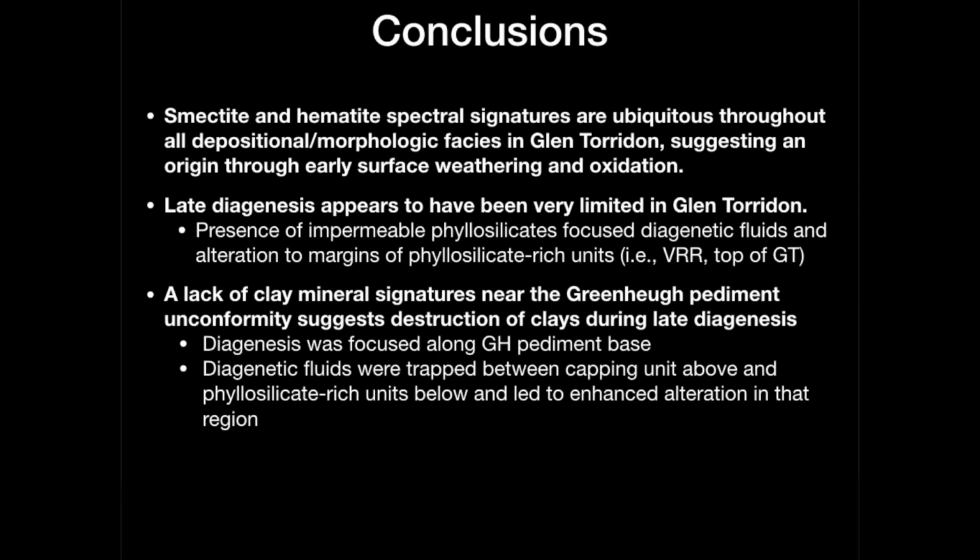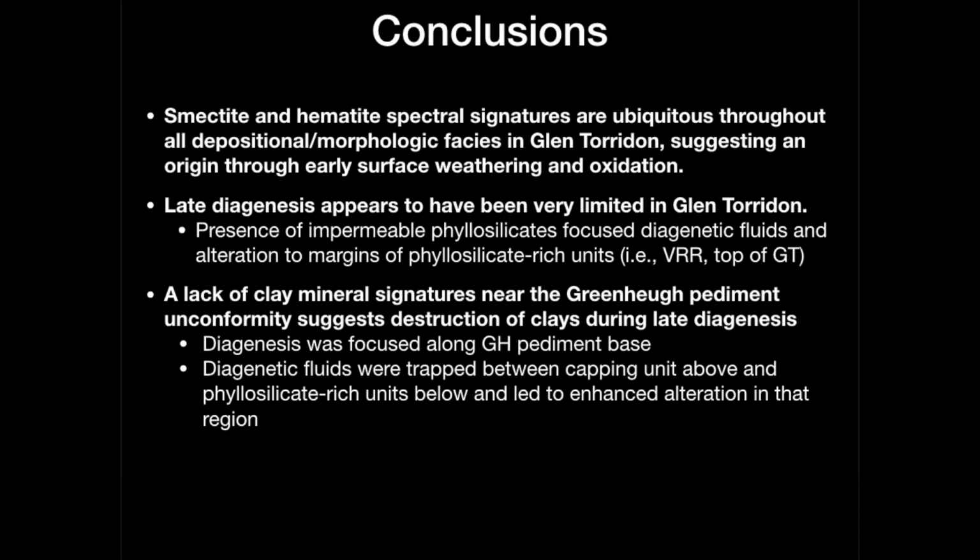Some general takeaways that I hope you get from this talk are that smectite and hematite spectral signatures are ubiquitous throughout all depositional and morphological phases in Glen Torridon, suggesting an origin through early surface weathering and oxidation. Late diagenesis appears to have been very limited within Glen Torridon itself.